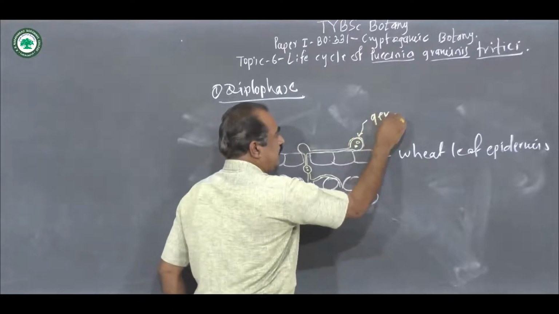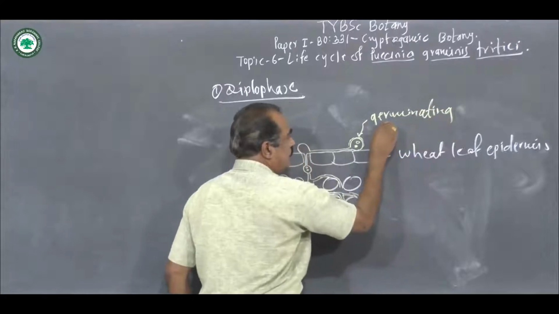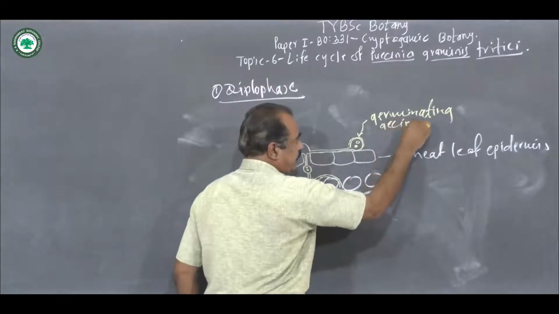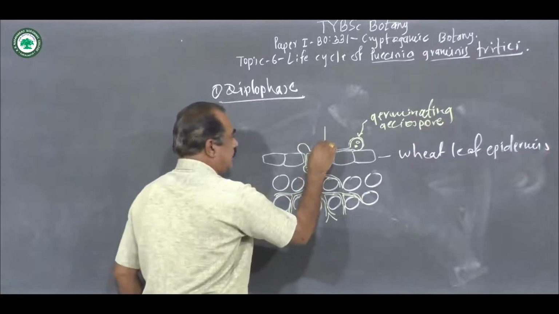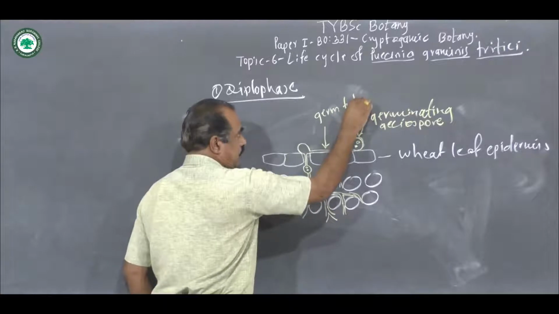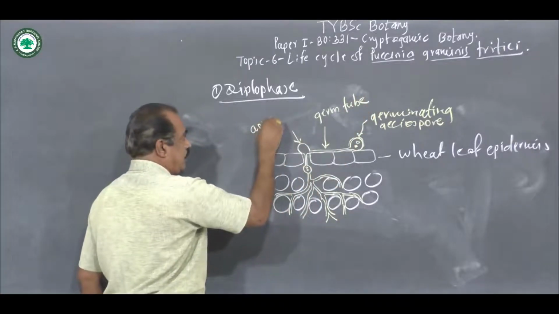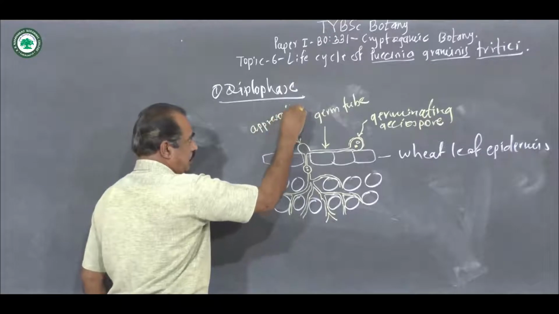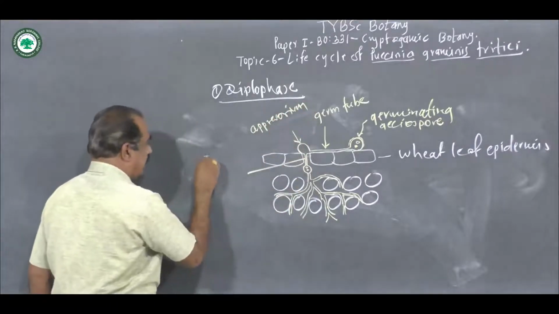This is the germinating aecidiospore. This is the germ tube. This is the appressorium. This is the infection hypha.